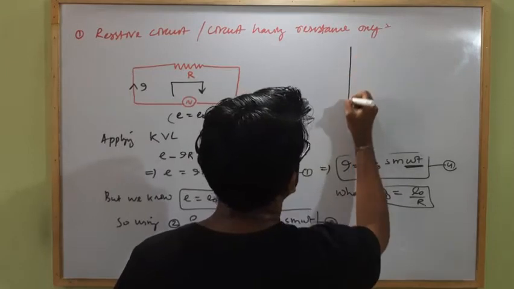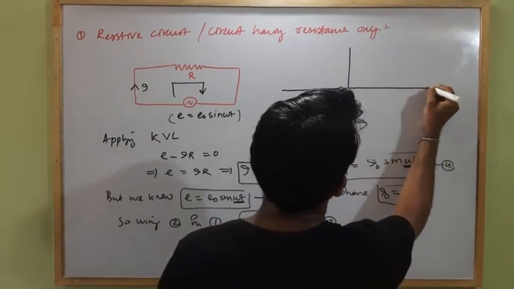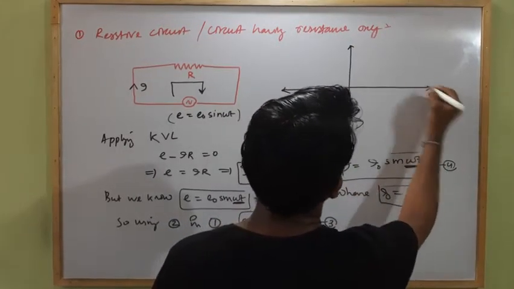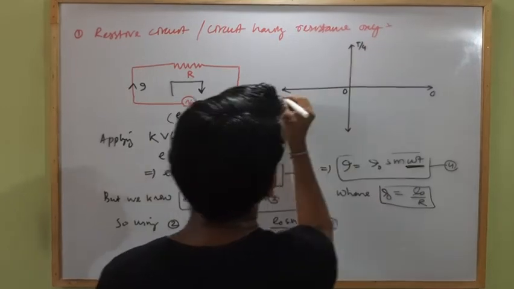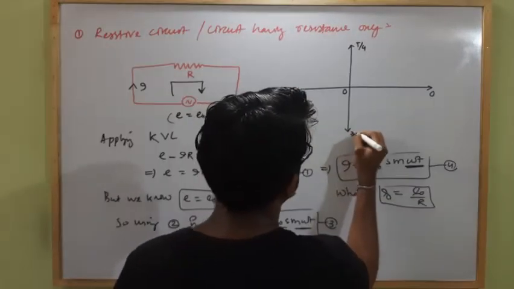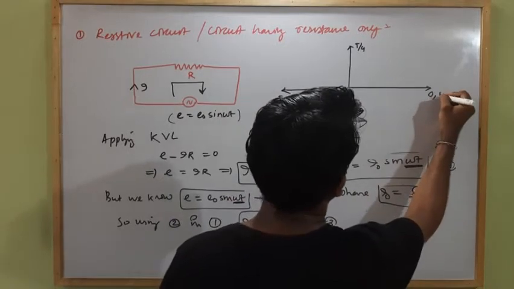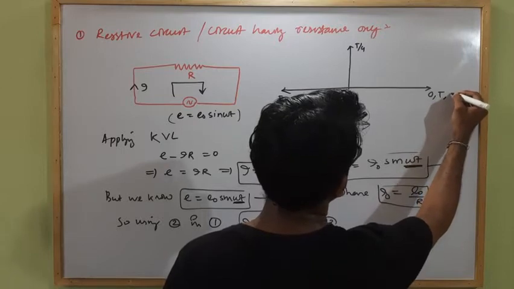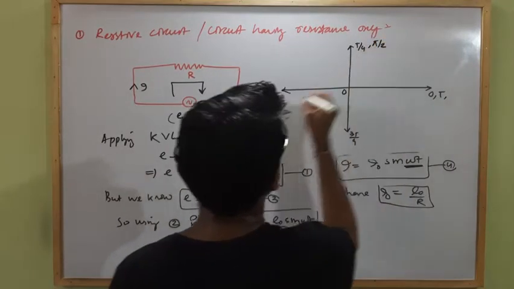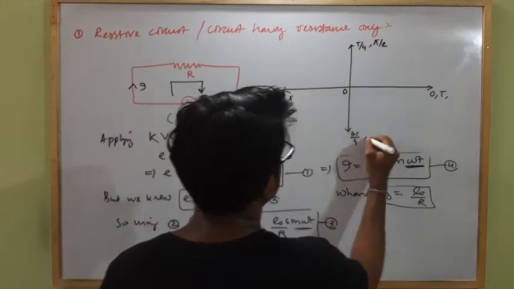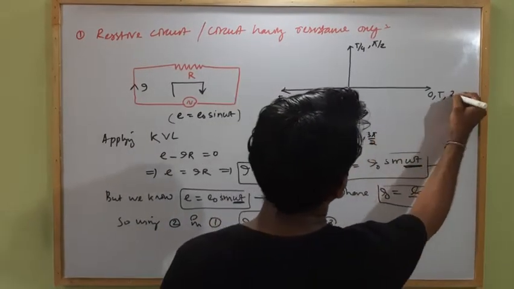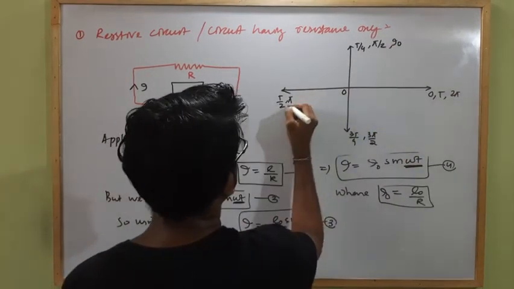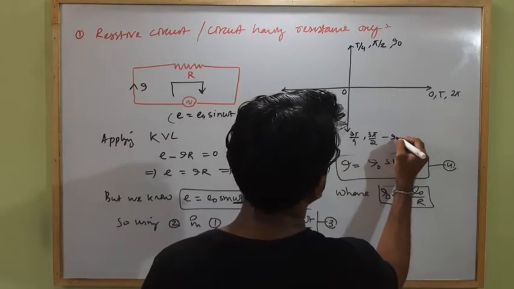So if we are drawing the phasor diagram for this, like here, this is origin O, here it is 0, t by 4, t by 2, 3t by 4, t, or if I am writing the values in the form of phase, this will be 0, pi by 2, pi, 3 pi by 2, 2 pi, and the values will be 0, plus I naught, again 0, and minus I naught.